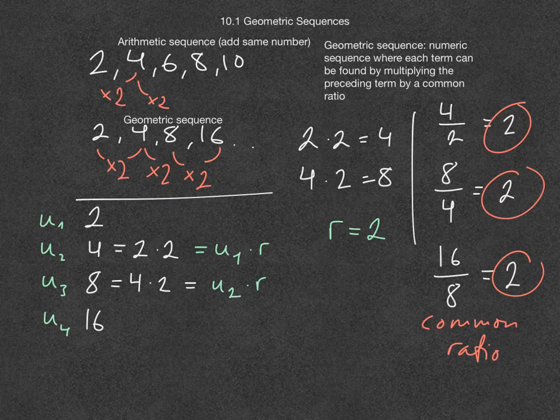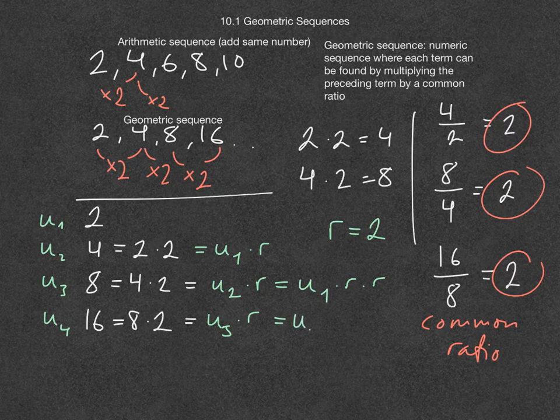But we've already seen that instead of u2, we could write u1 multiplied with r, and then we have to multiply with r again to keep the equal sign. 16 is equal to 8 times 2, or u3 multiplied with the common ratio r, which is the same as the first term multiplied with r, that's the same as u3, and then we have to multiply with r one more time.